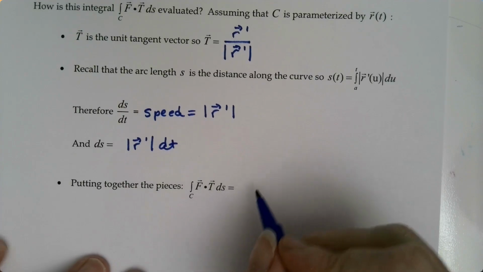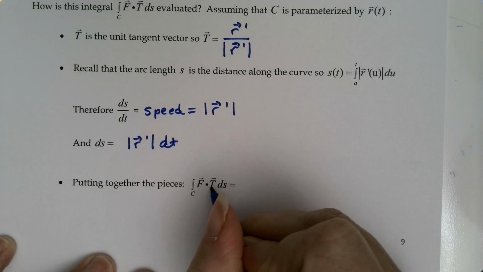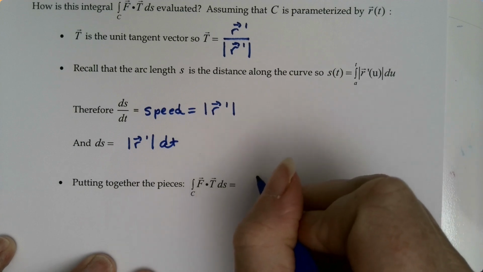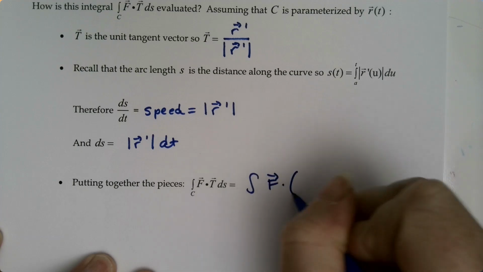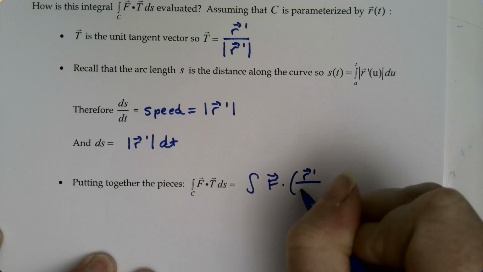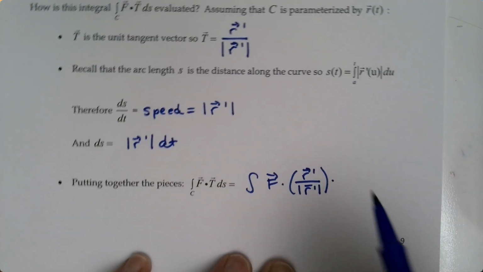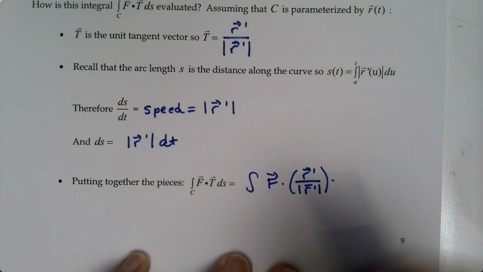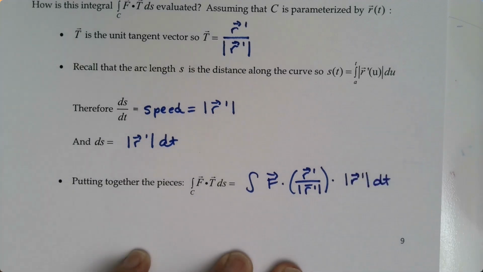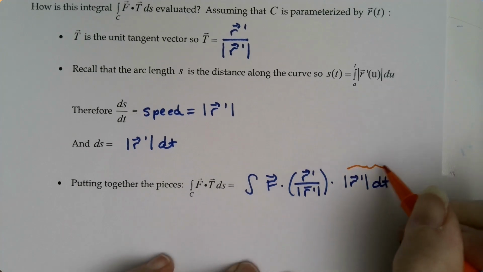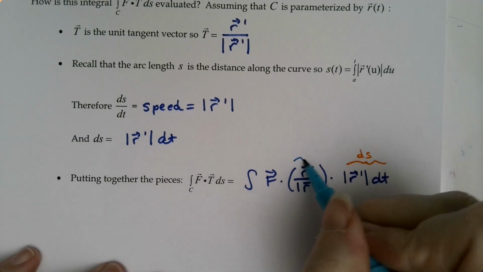Now putting this all together, this integral of F dot T would be the integral of F dot, now T is r prime over the magnitude of r prime, times ds, but ds is the magnitude of r prime dt. So here, just so you can see, this is the ds part, and this is the T part.